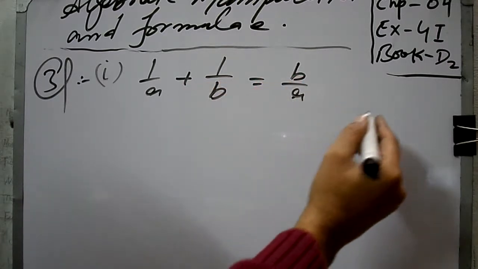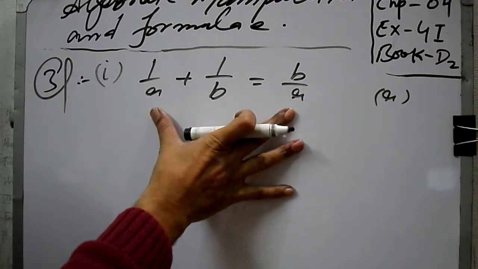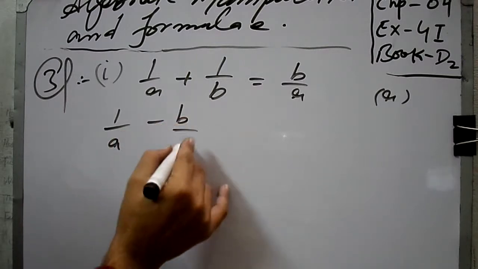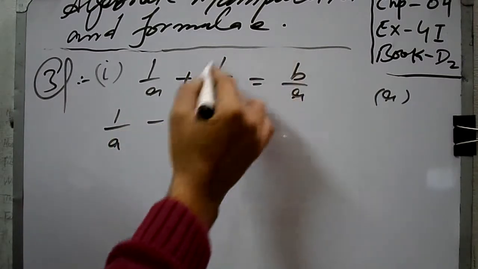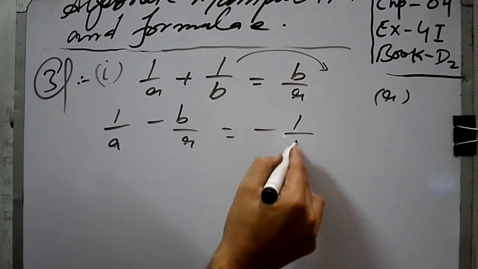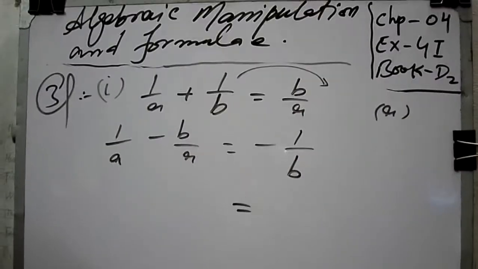You have to find a as a subject. You can see here 2 times a, so shift it one side, b by a, so it will be minus, and the remaining 1 by b will be shifted here, so it will be minus 1 by b. So that is your first step.